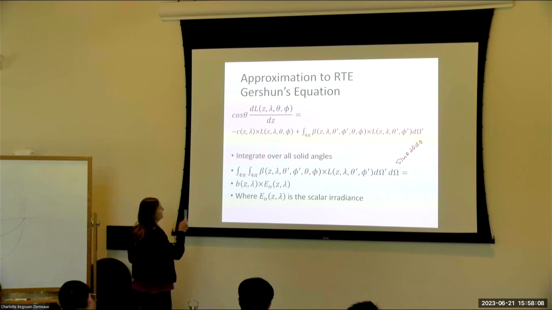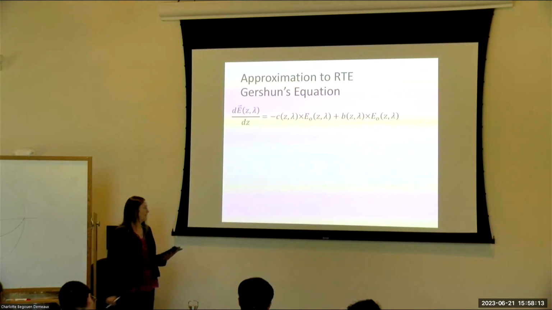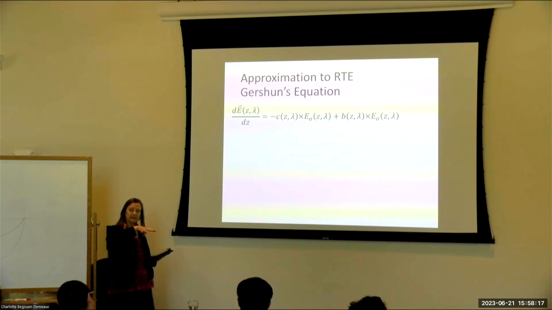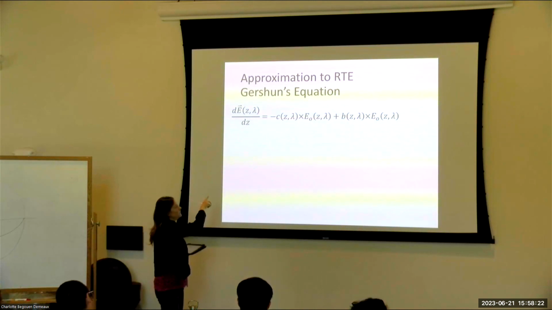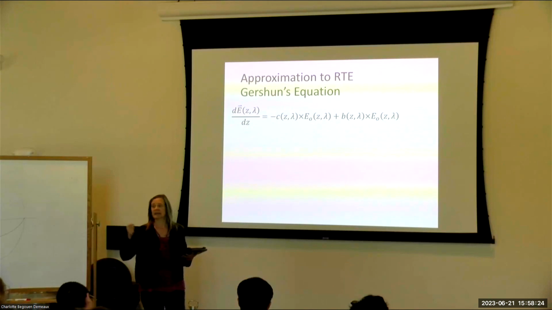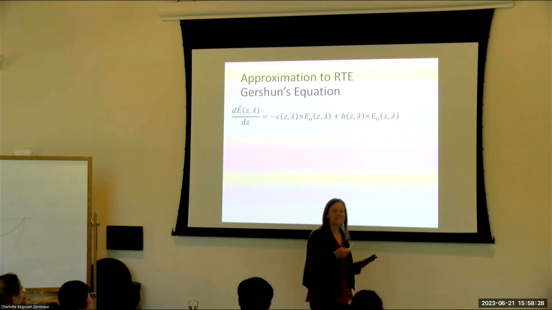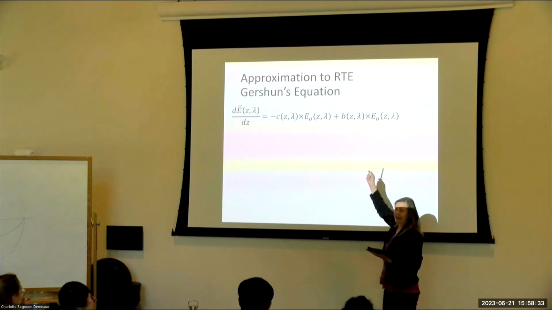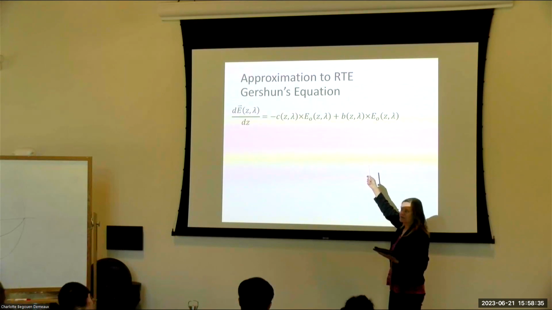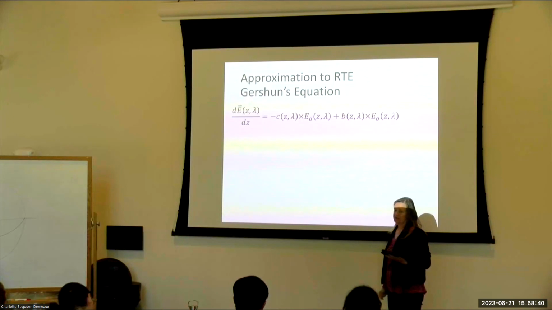Because now when we put those integrals together, we get that the change in the net downward irradiance with depth is equal to the loss term of attenuation times the scalar. Because I had minus A, and I had minus B, and it equals minus C. And then I have the addition, how much we gain into the path, and it's just B times the scalar.